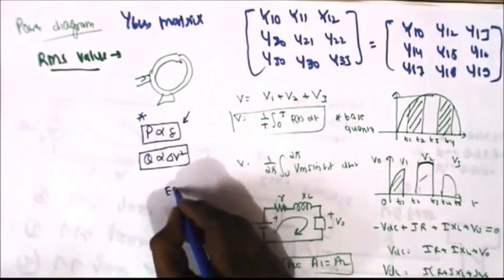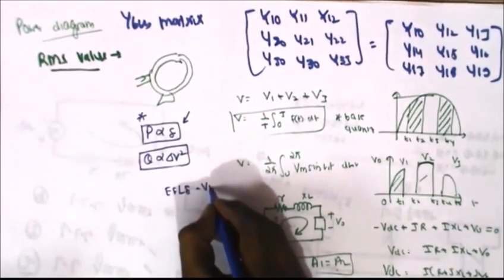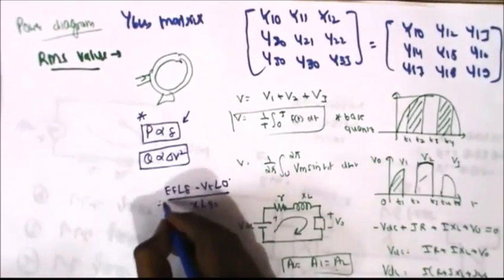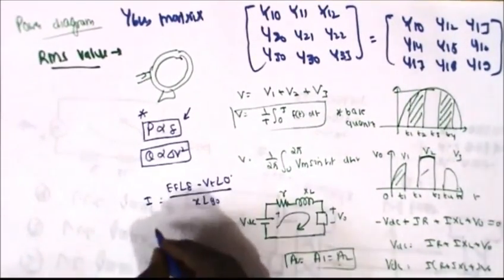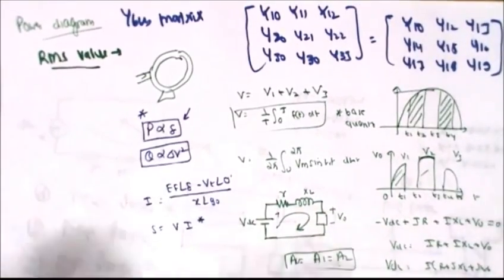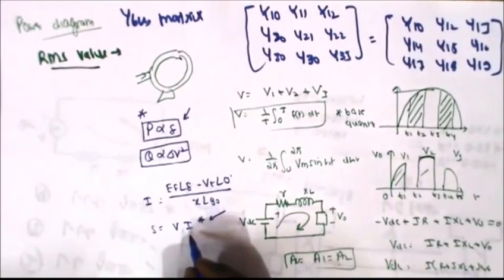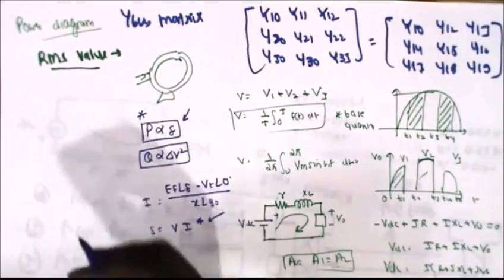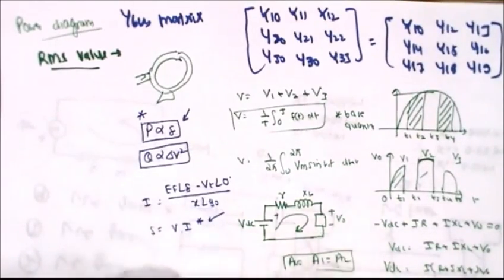So EF angle del minus VT angle 0 divided by X angle 90 should be the current. We know that S equals V into I conjugate. Why are we using the conjugate? We have already discussed it. Why is the conjugate taken? Because if we do not take the conjugate, then it becomes very difficult for us to define the mathematical value of it.